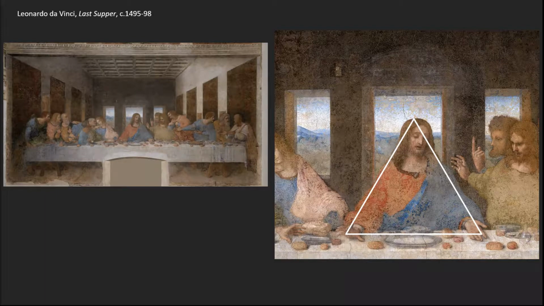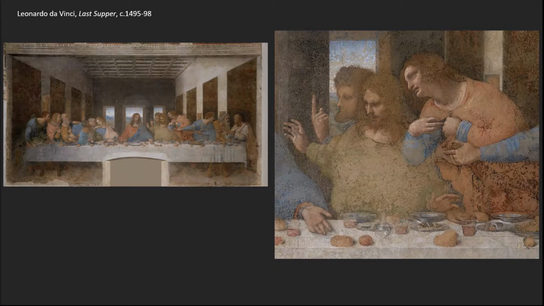So math is always worked through in a number of interesting ways with the image. We look at the different apostles, and each one of them, and again, remember the painting's kind of a wreck, is questioning rather eloquently, through gesture and facial expression, whether or not they are the ones who might do this.